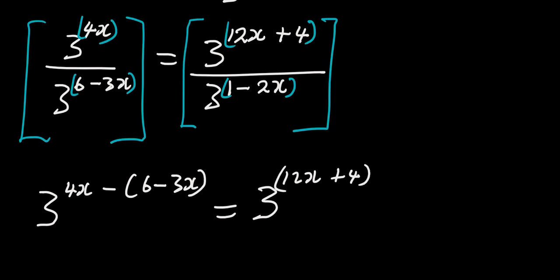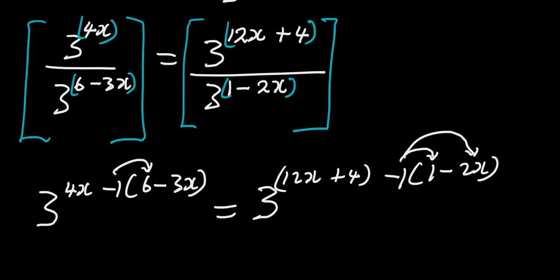We can put that in parentheses, minus 1 minus 2x. So now since we have a negative sign here, you can write it as negative 1 and also this as negative 1. So we are going to distribute this into this and also into this. And then this negative 1, we are going to distribute into this and also into this.